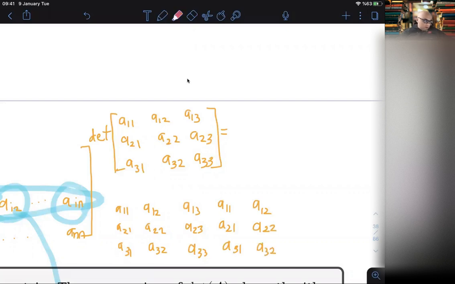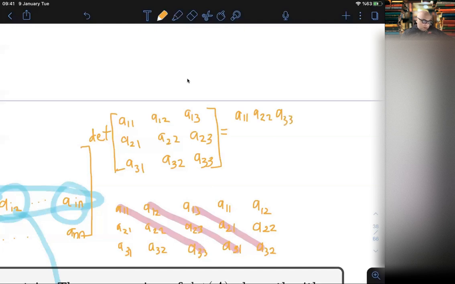So then what do we do? We go this way, and these come with the positive sign. So these three terms, let me write them. A11 times A22 times A33.